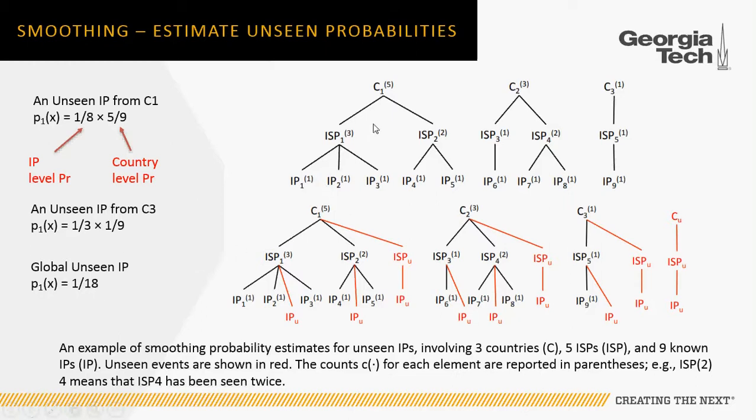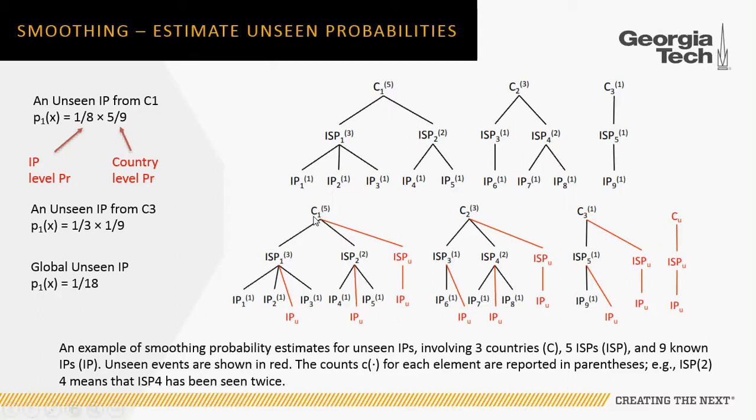But if we utilize the country data here, if an IP belongs to country 1, we have in country 1, 5 known IPs and 3 unknown IPs. So the probability at the IP level is 1/8.